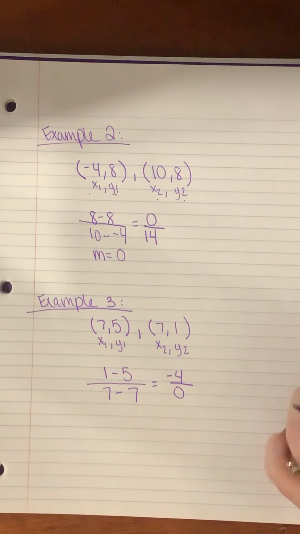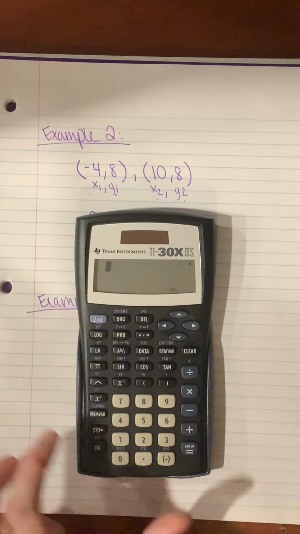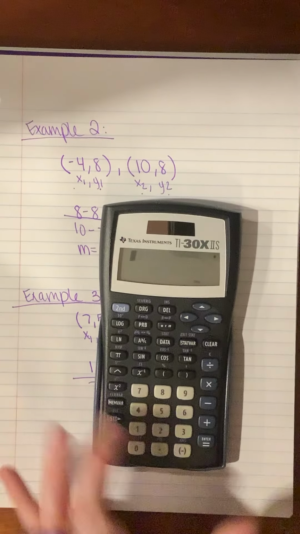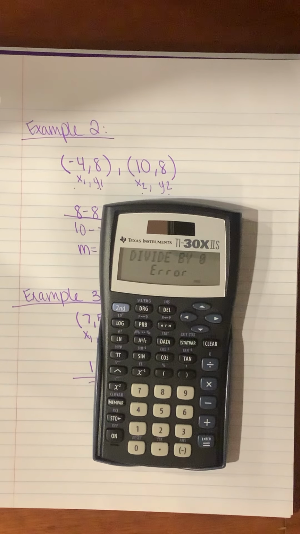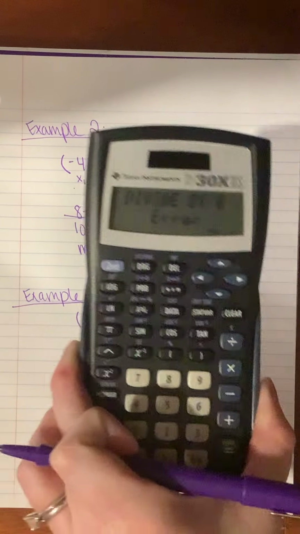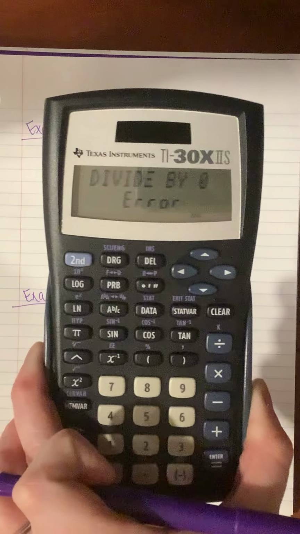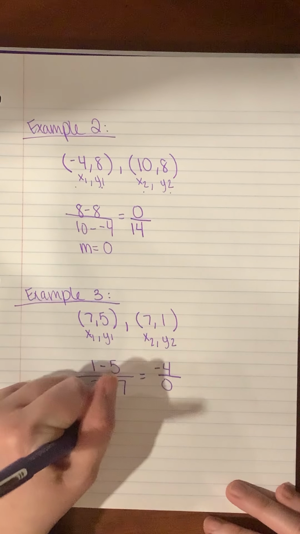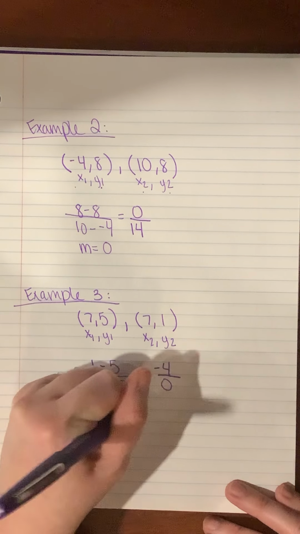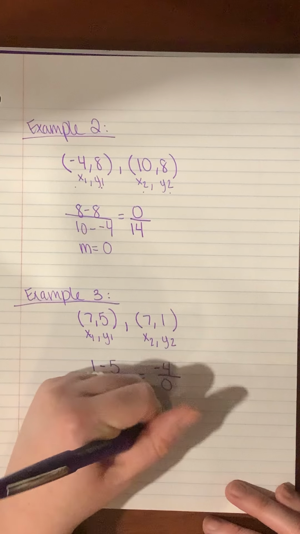Last step, go ahead and simplify. So I have -4 divided by 0. You're going to get in your calculator, hopefully, the same error screen that I got, divide by 0 error. When you see something like that, your answer is m equals no slope.